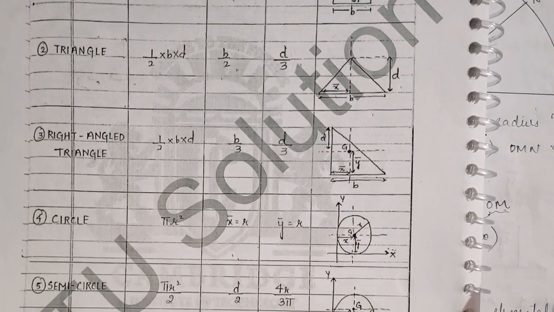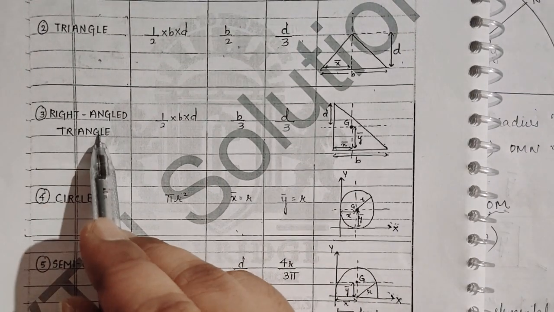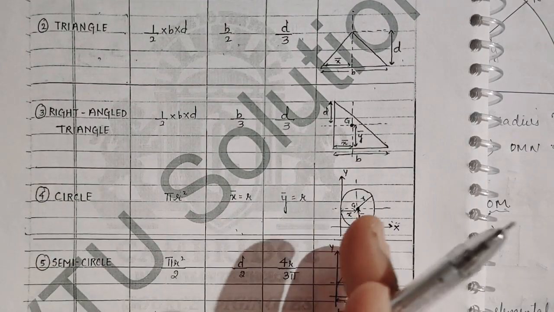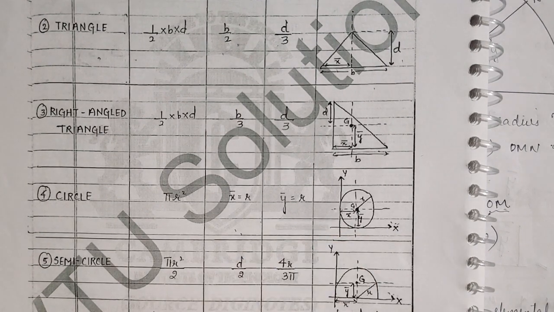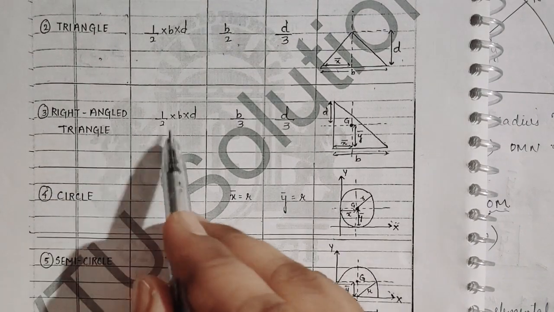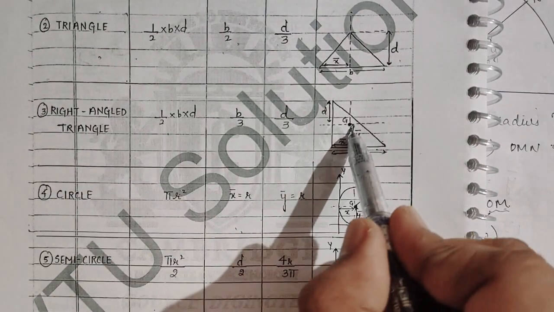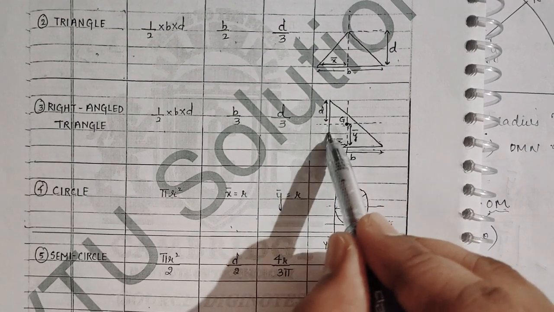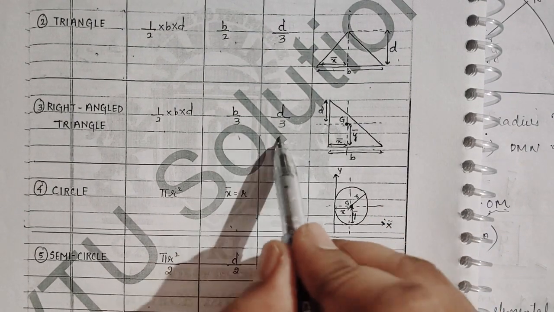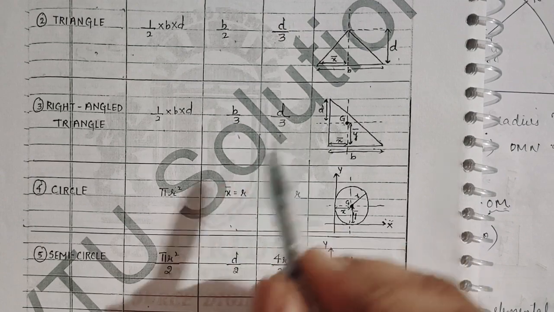These are the formulas we require when we do the problems. If we remember these, we can solve the problems easily and very quickly. Now the right angle triangle, half into b into d. This is the y distance and this is the x distance. X bar is b by 3, y bar is d by 3.